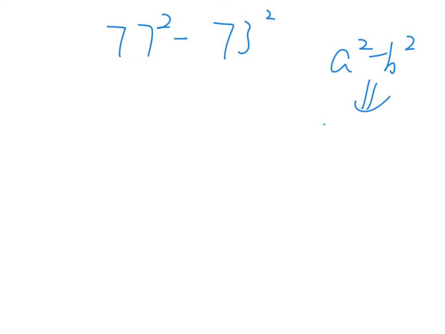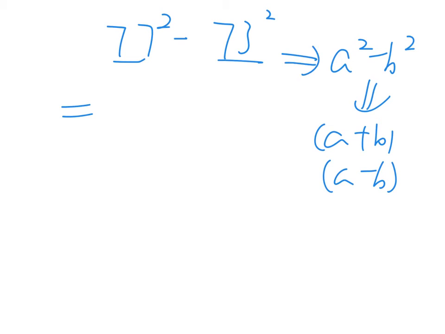In fact, there are some practical examples here. Let's consider this. This time you want to solve 77 squared minus 73 squared. And you know that a squared minus b squared can become a plus b, a minus b. Now you find that it's square minus square. That means we can apply this.